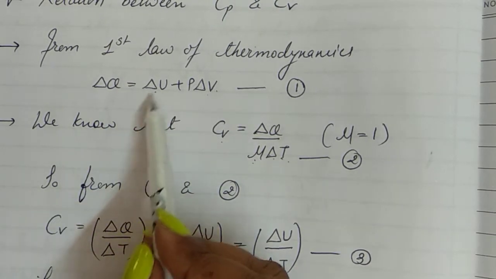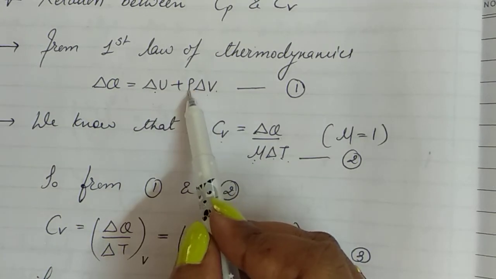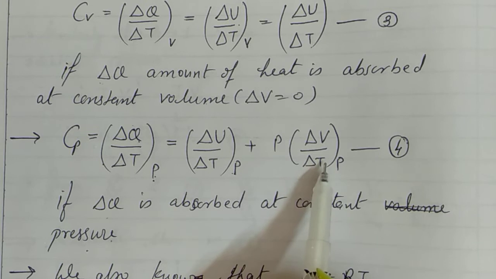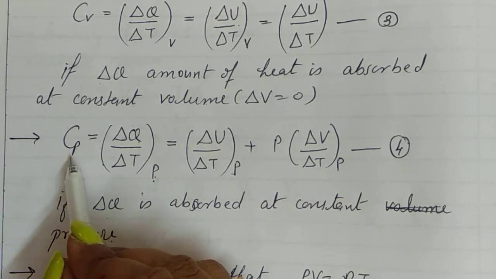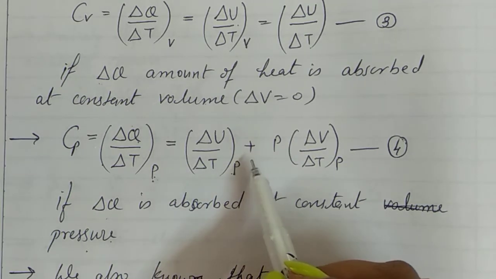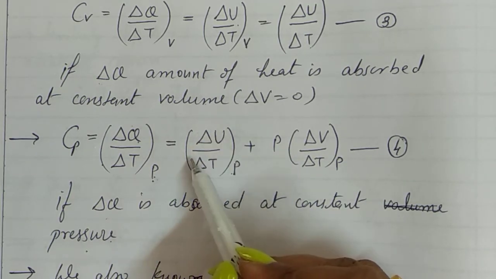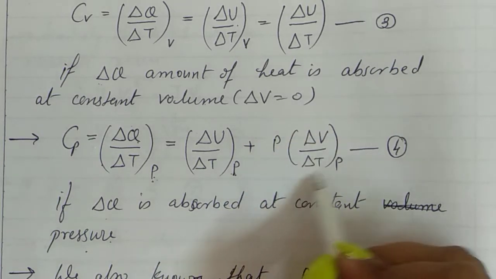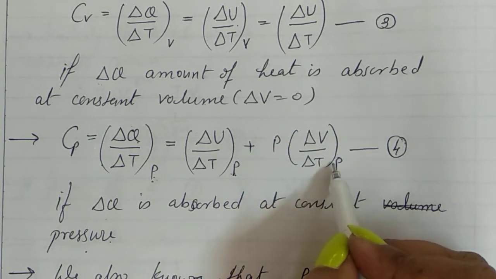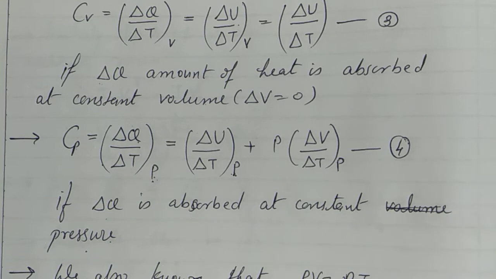So I'll get delta U divided by delta T plus P delta V divided by delta T. The subscripts I have written are for constant pressure. Now again see, internal energy does not depend on pressure, it depends only on temperature, so I can drop out this term from here. And this process is taking place at constant pressure, so that's why we have written P here.